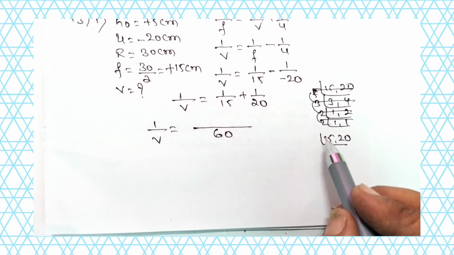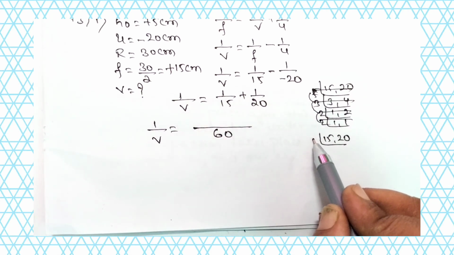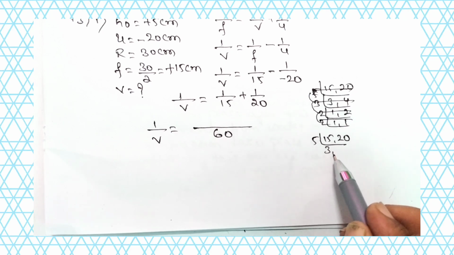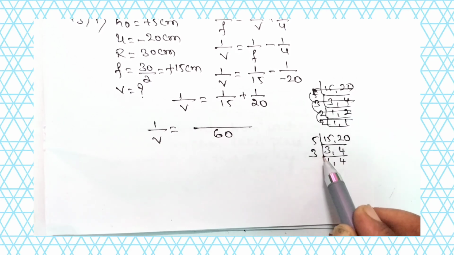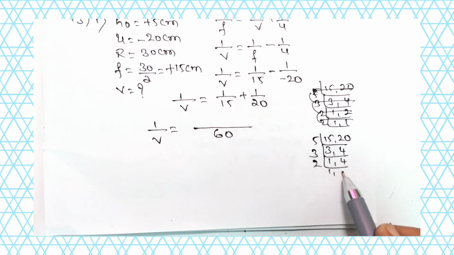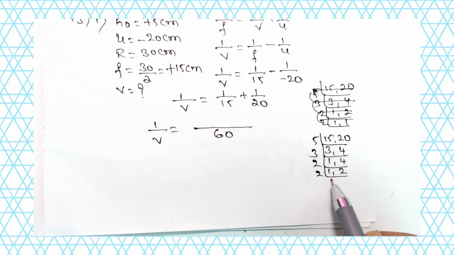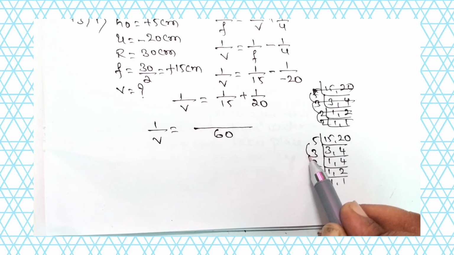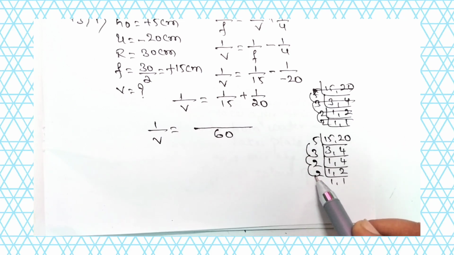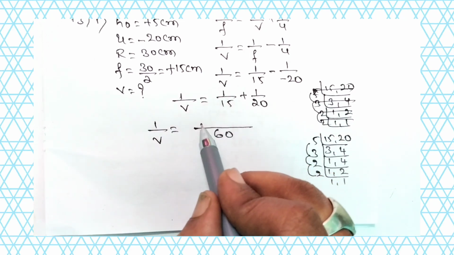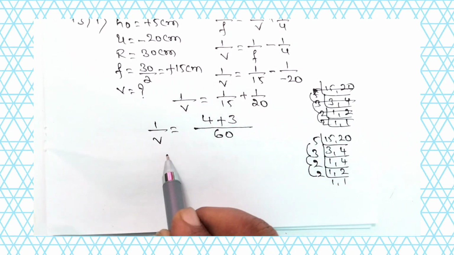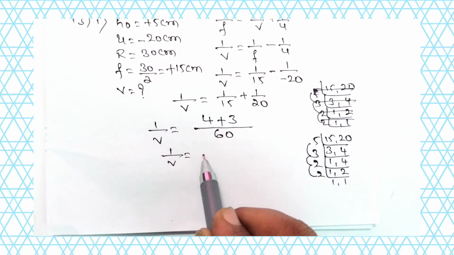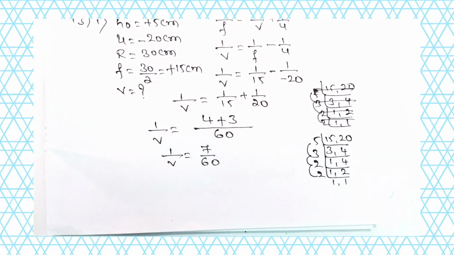Now let us find the LCM once again. So 5 3s are 15, 15 2s are 30, 30 2s are 60. 15 1s are 60, 4s are 20, 1s are the 3s. 1 over v is equal to 4 plus 3 is 7 divided by 60.